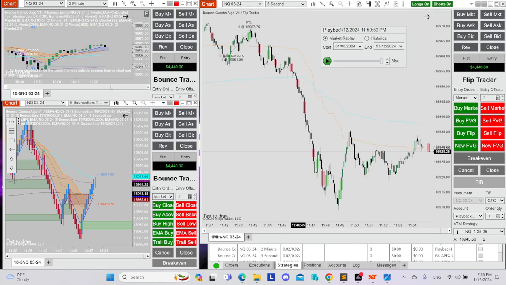So the idea is to combine several strategies that may work. If one is not going to work, another one may work. So that will equal out the profits, so to say. It wouldn't be too heavy on the winning side or too heavy on the losing side compoundly. So that's the idea behind this.